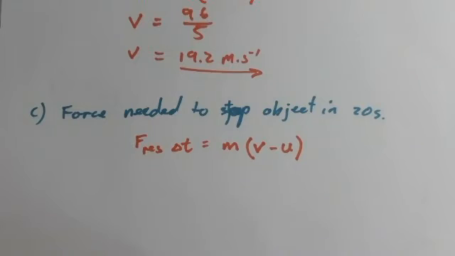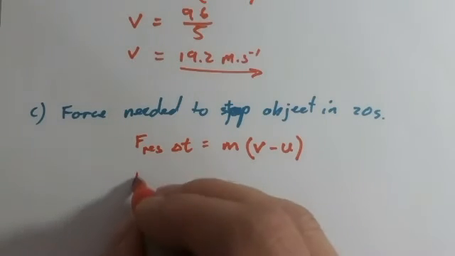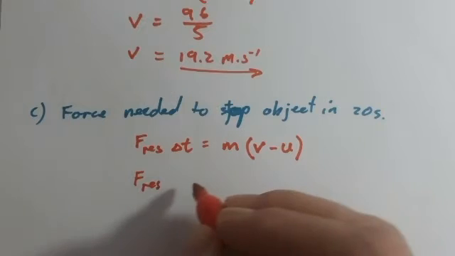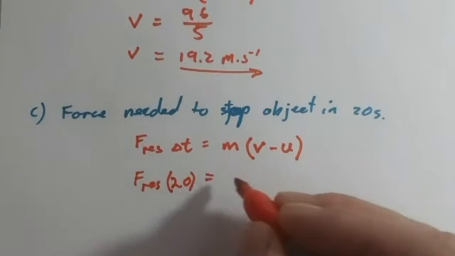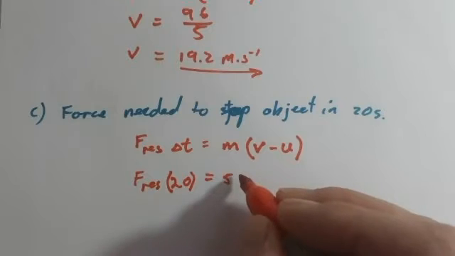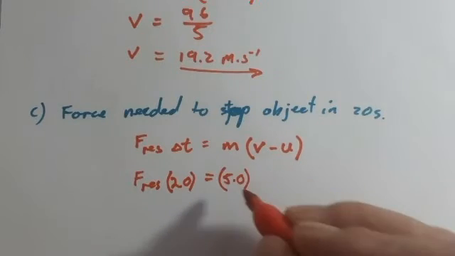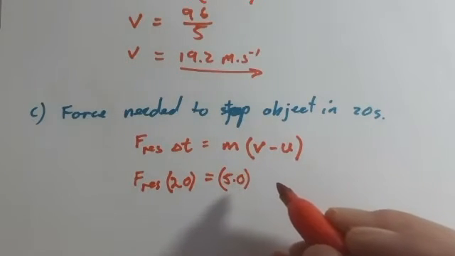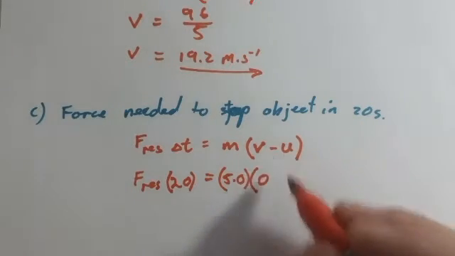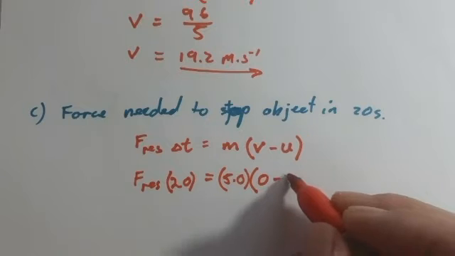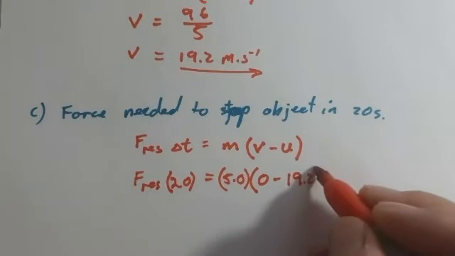Right, let's substitute in what we have in here. We want that force that brings it to stop. The time that it takes is 20 seconds. Mass of the ball is 5 kilograms. It brings it to rest, the question states. So my final velocity is 0, and my initial is what I calculated, the 19.2.